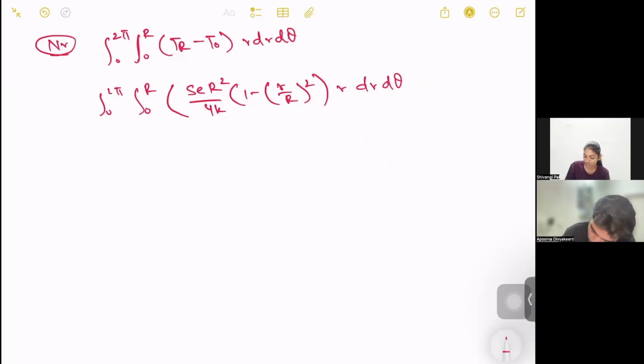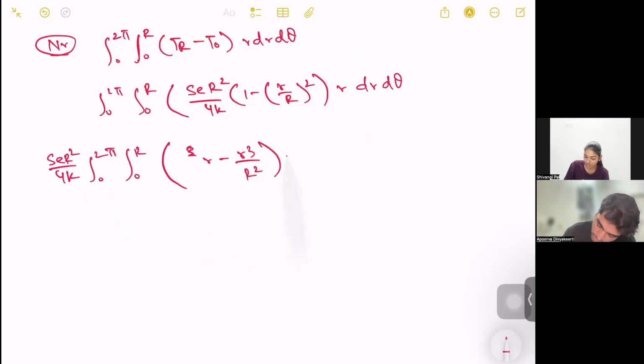So this is it. Now it's easy. Integral 0 to 2 pi, integral 0 to R. S_E R square by 4k we can take outside because it's a constant. Then r minus r cube by R square into dr d theta.